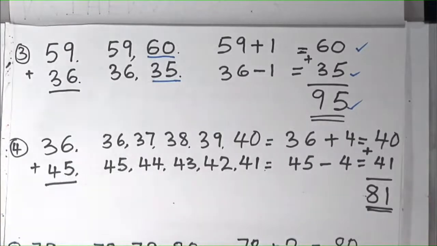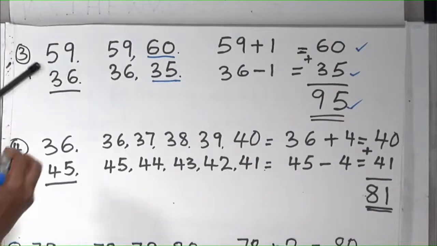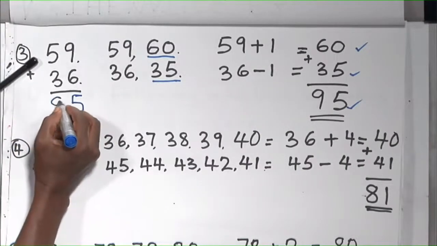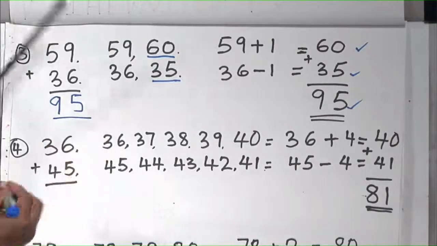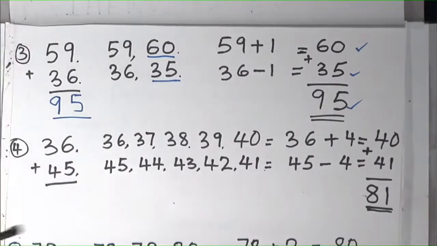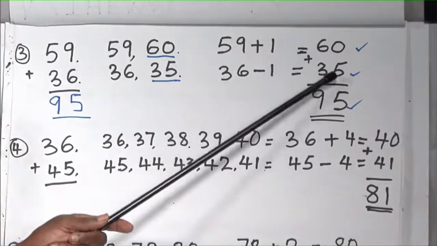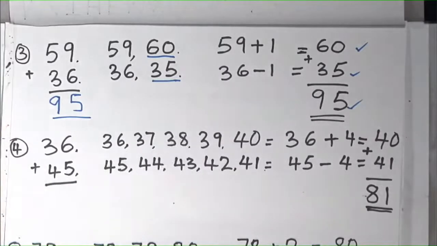So 60 plus 35 will give us 95, which is the same as 59 plus 36. So 59 plus 36 is the same as 60 plus 35, and the answer is 95.